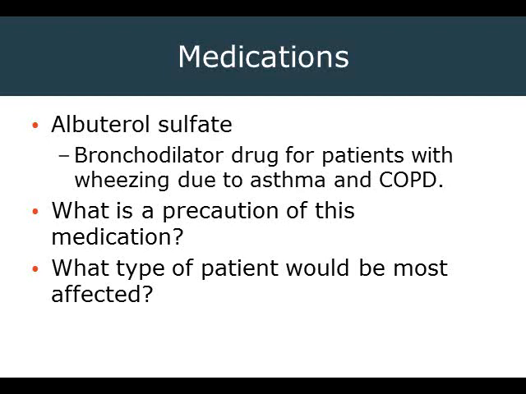Most of the time this comes prepackaged, and when it comes prepackaged, it is actually in 3 milliliters. That's the total volume of the drug, because you add the albuterol to the 2.5 of normal saline, and it ends up being about 3 mLs. So 2.5 milligrams is really what we're shooting for.